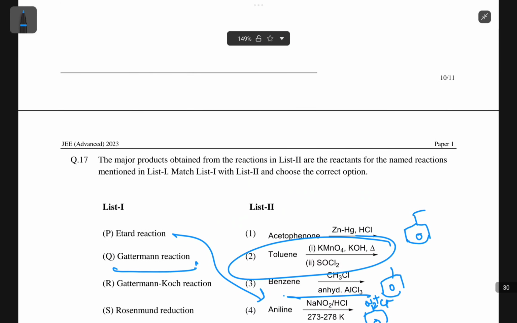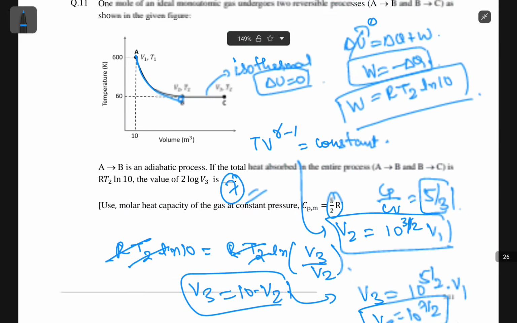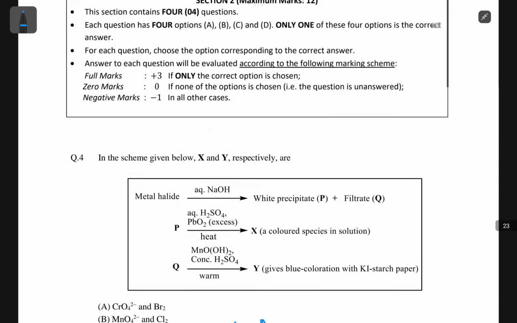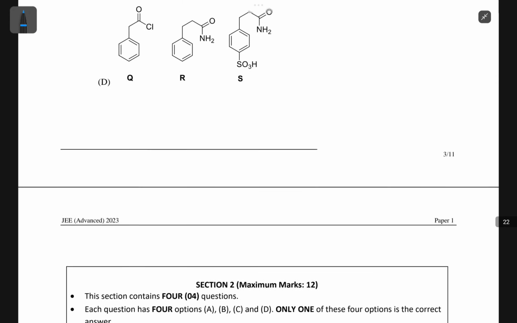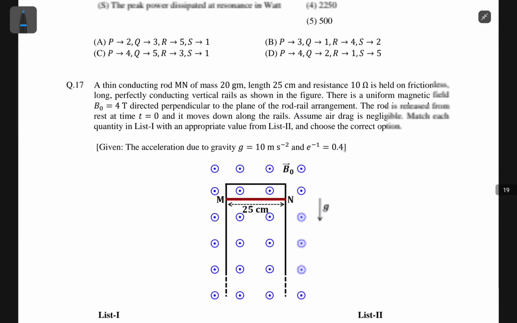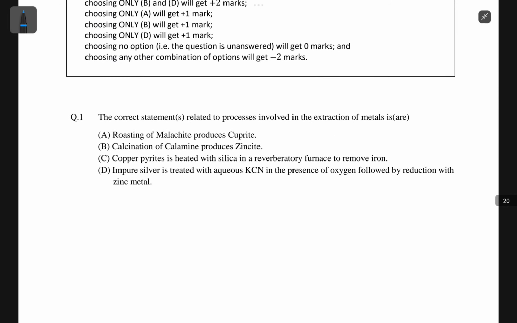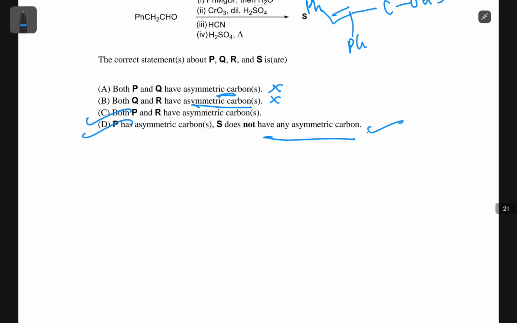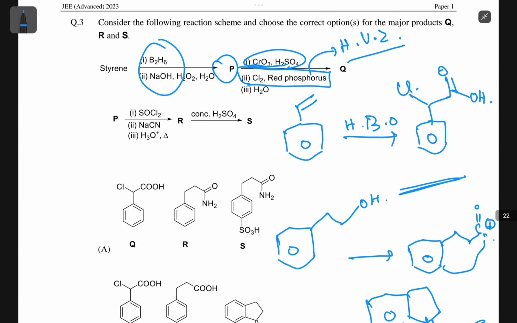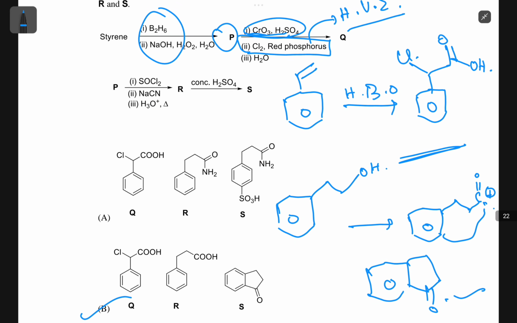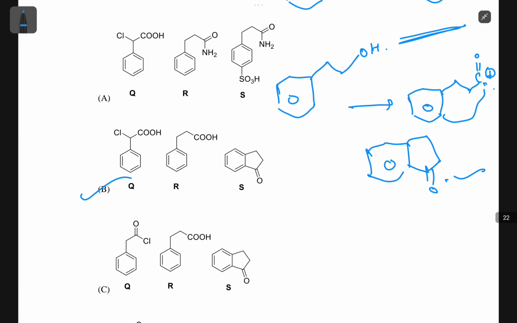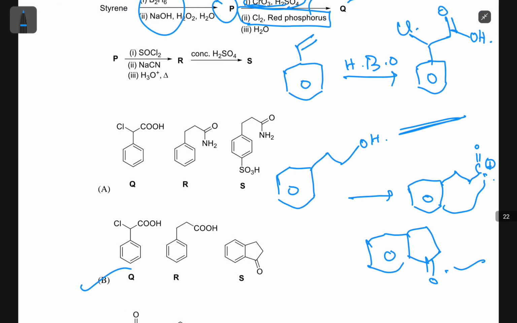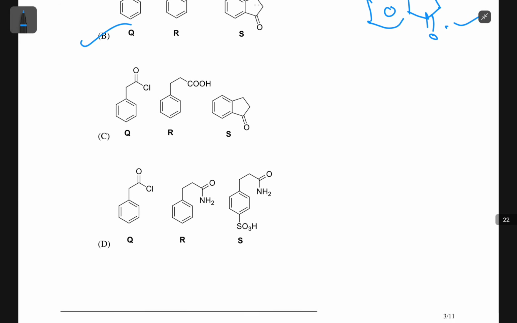So yeah, we've solved the whole paper, and let's see again how it went. This one was very simple. The good thing about this paper, I don't know about paper two, but in paper one, there's nothing that puts you in two minds.